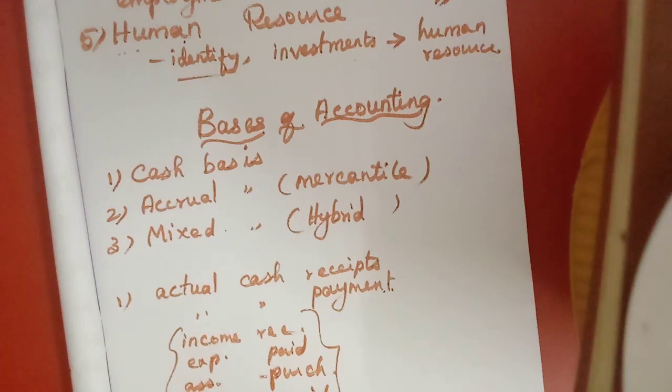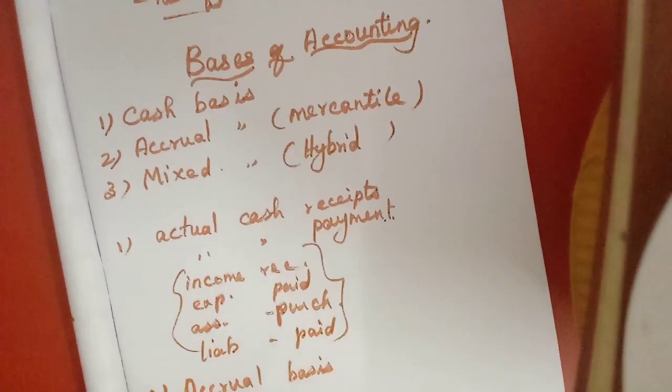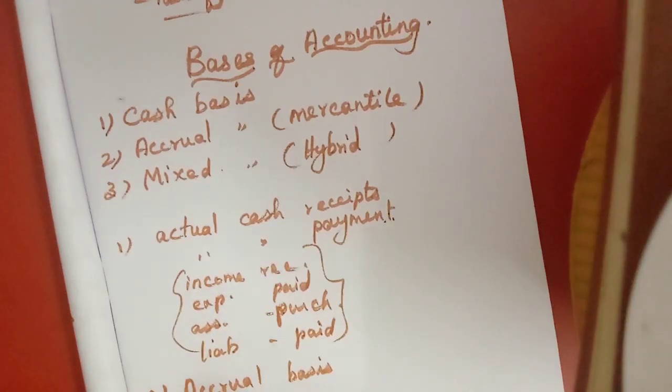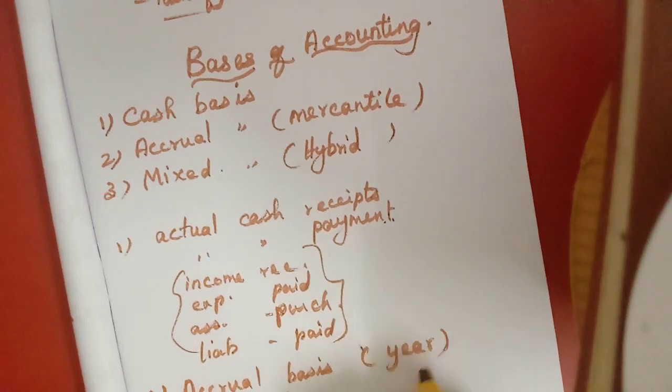Then the second one is accrual basis. Here they never consider the actual cash payment or cash receipt, but whether it is accrued, that means whether it is related to that particular year, that year's expenditure and that year's income. Whether that expense is incurred or income accrued, if it is related to that year they will include it. Whether this income is received or not, they will enter it.